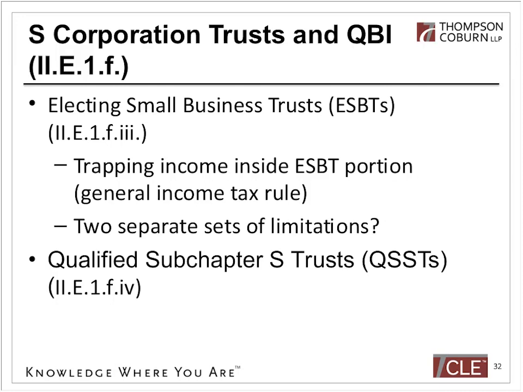So I think what you're going to be doing here is looking to see whether the ESBT portion has 157.5 of taxable income or not. You're not going to look at what the marketable securities portfolio does.